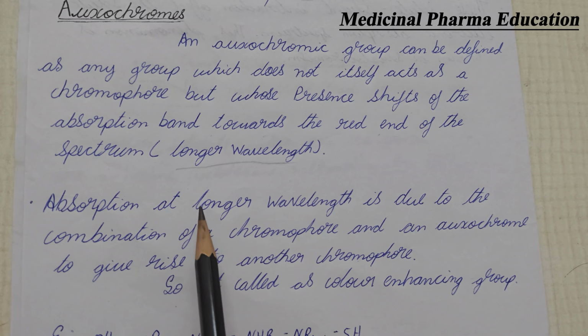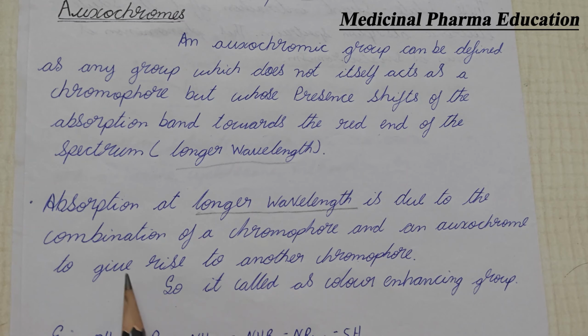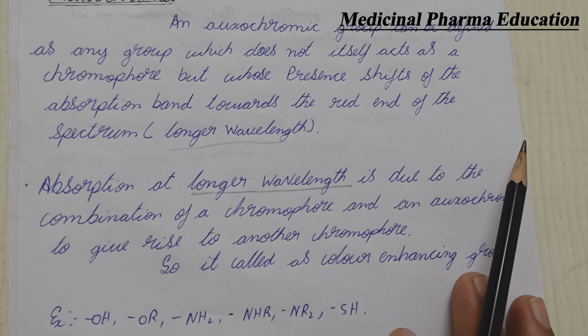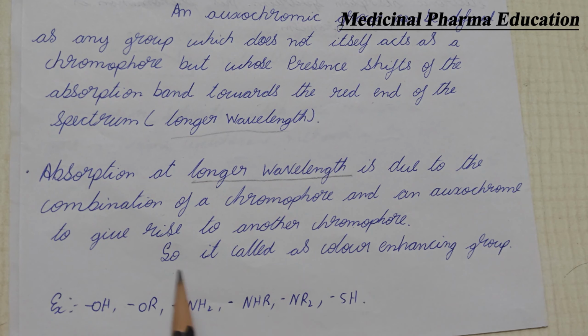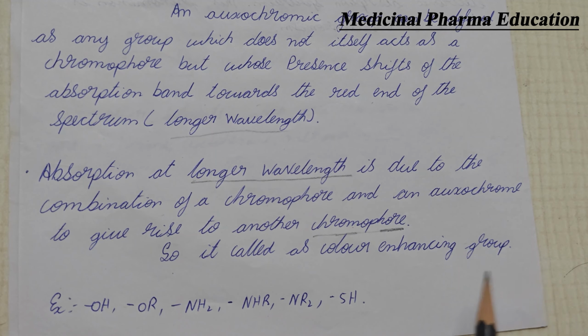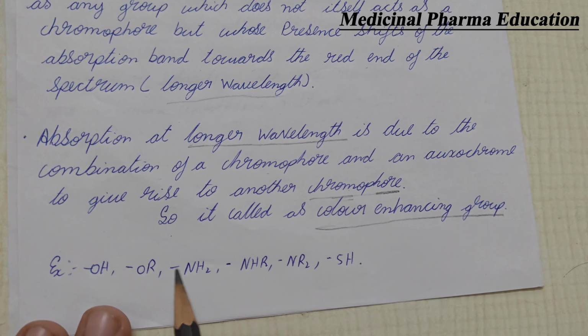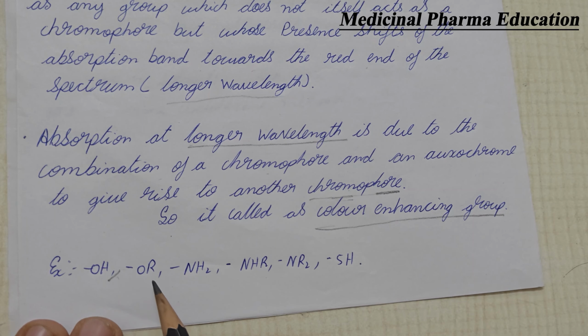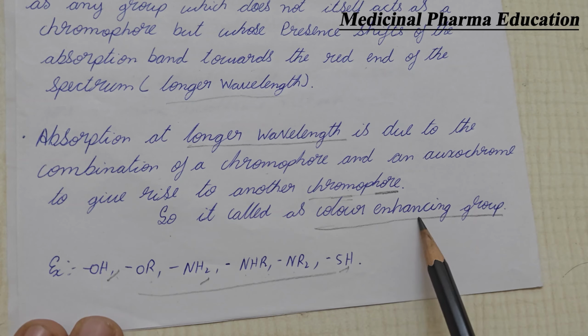The combination of these two gives another chromophore. This is called a color enhancing group. The examples are hydroxyl group, OR group, NH2 group, NHR group, NR2 group, and SH group. These are also called color enhancing groups.